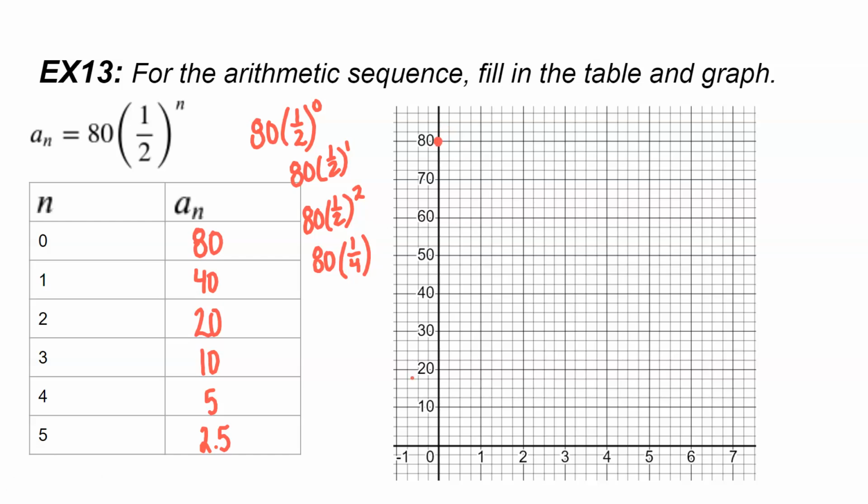So that looks like this: 80, 40, 20, 10, 5, 2.5. There. We don't connect it because this is a sequence, so it's only points for that. And that's going to be as far as we're able to get today.